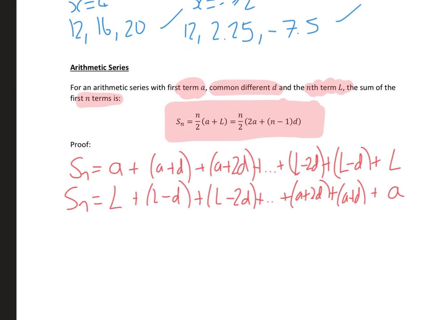And if I add those two equations together, I get two lots of Sn, two lots of my sum.